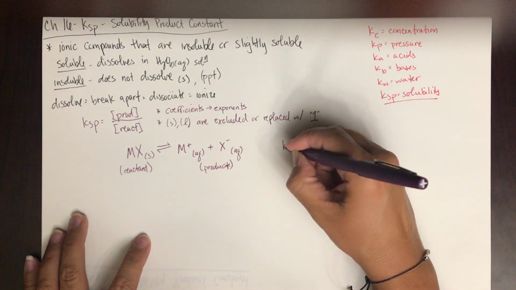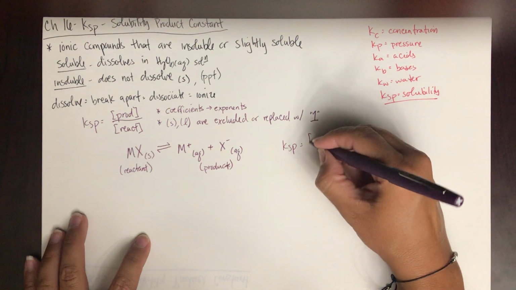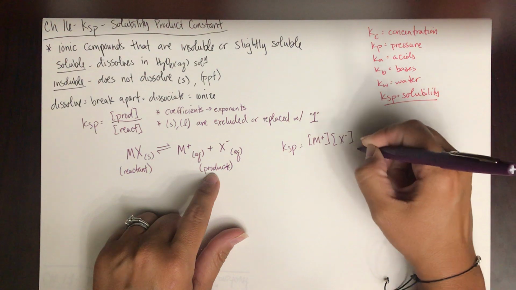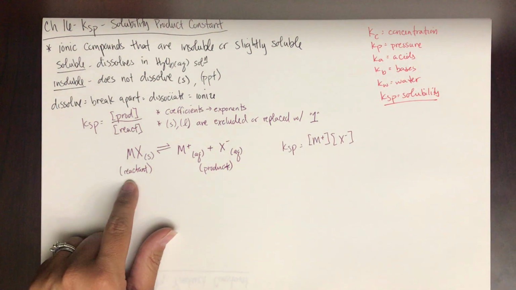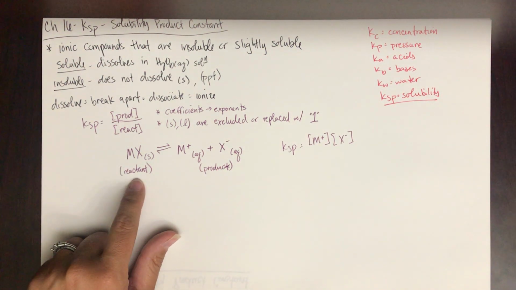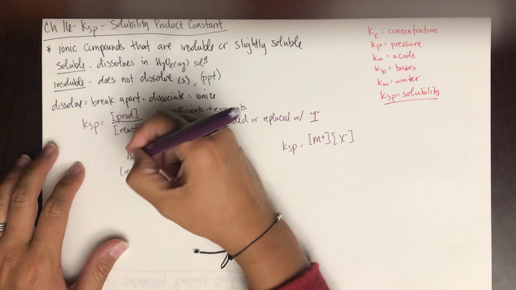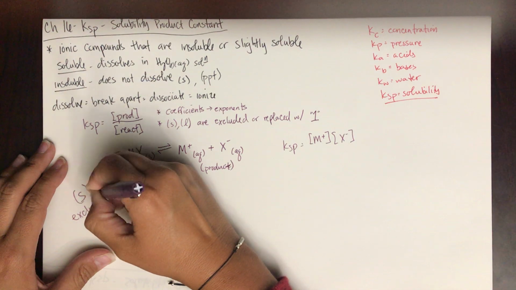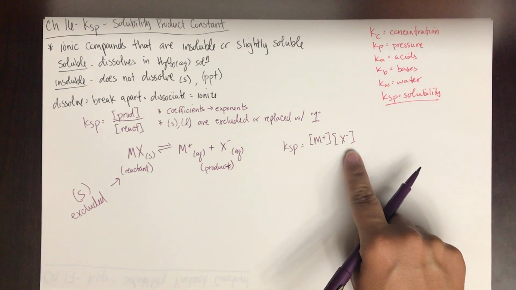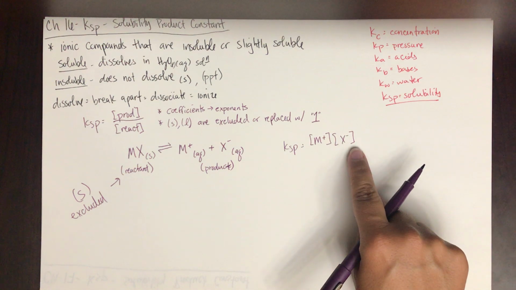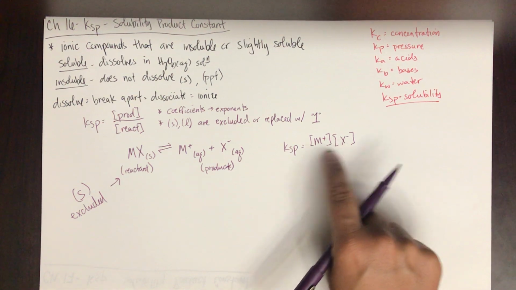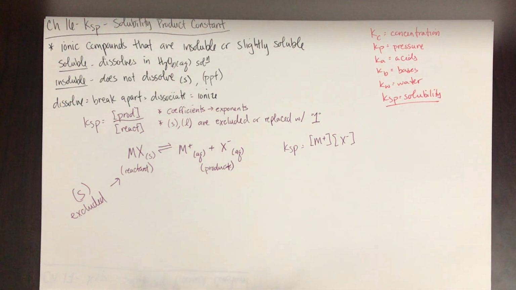If you were to write the Ksp equals the concentration of the products over the concentration of the reactants, but the reactant is a solid, so it is excluded from the equilibrium expression. You don't see it in the Ksp. You just see Ksp equals the concentration of the two ions. That is what we're using to determine the Ksp.